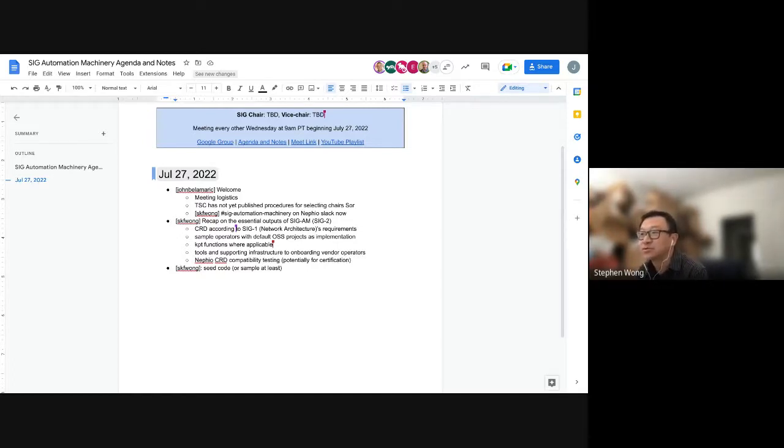And the tools and supporting infra for getting some of the vendor operators on board. What we really want out of this SIG at some point is that there will be a lot of network function vendors in the community talking about what CRDs they want, and at the end they would also be supporting the Nephio custom resource definitions.